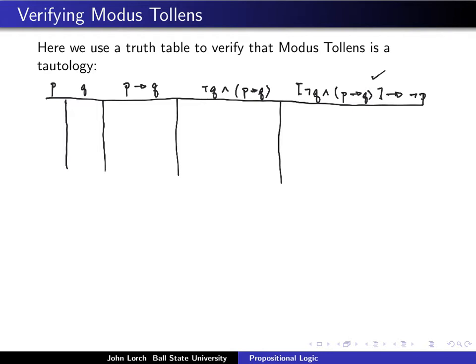So what we're expecting in this last column is to have all T's all the way down.